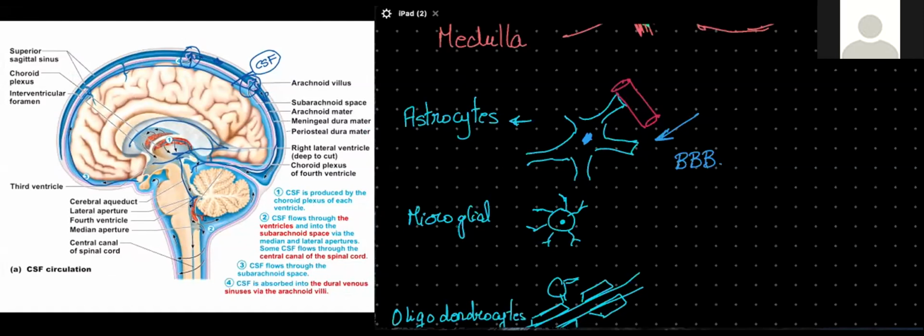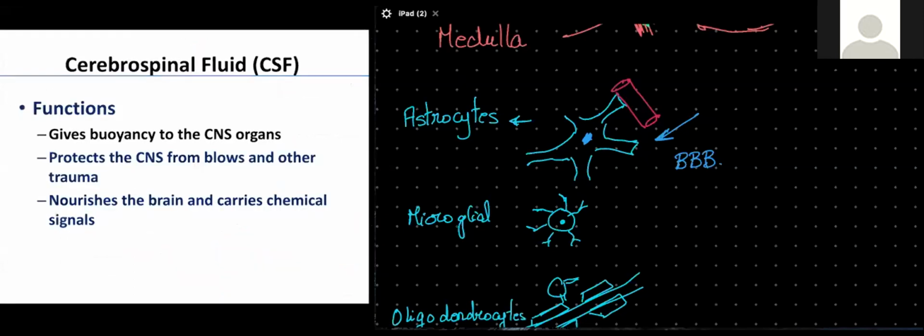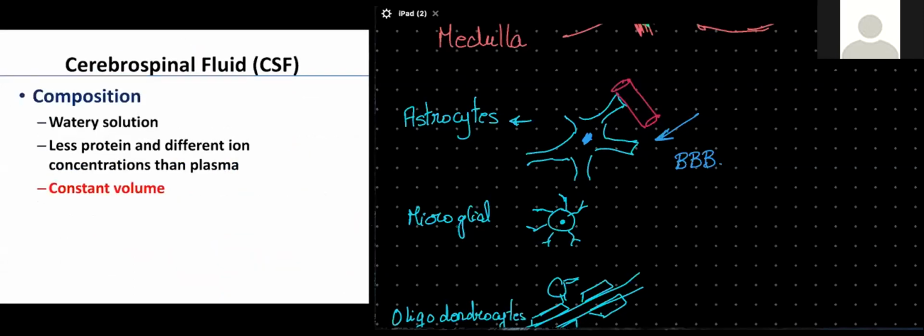They should be equal. Why should they be equal? To maintain a constant volume. Try to imagine that the rate of production is greater than the rate of drainage. What's going to happen? The ventricles in the brain are going to be dilated, and this is going to compress the brain tissue.